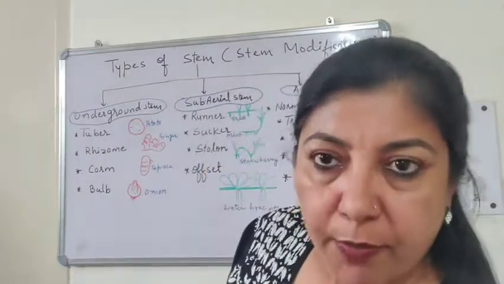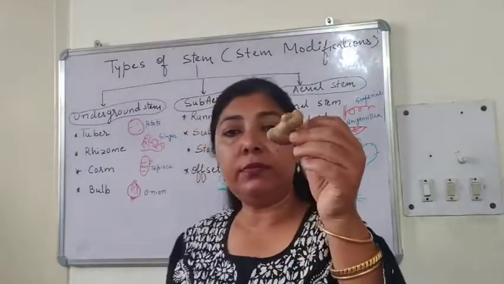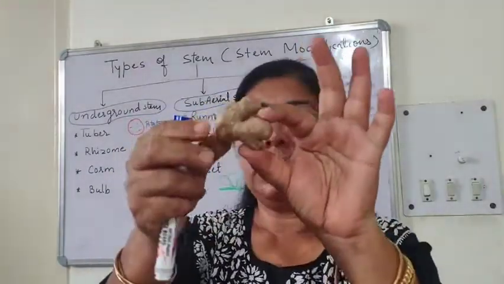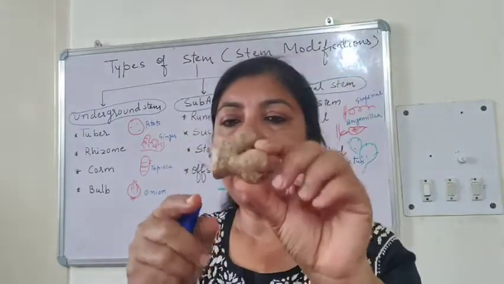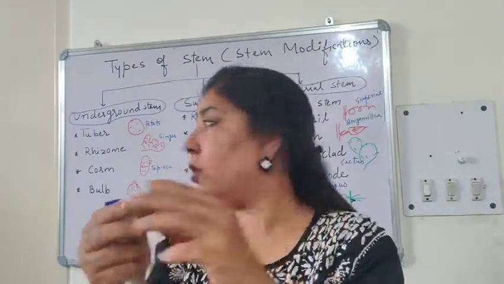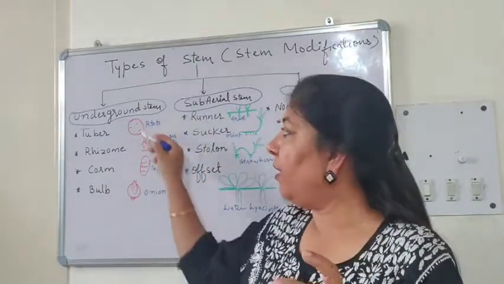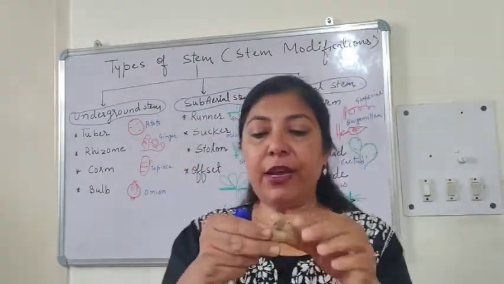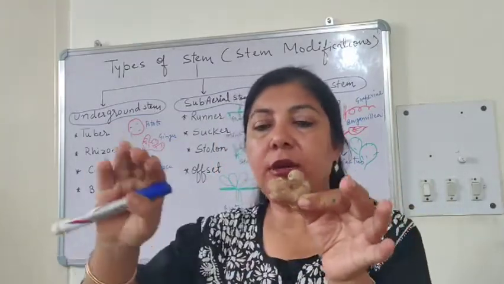Then the second type of underground stem is rhizome. This is ginger. Ginger is again a stem because it also has got nodes and internodes. But how is it different? It is different because it shows branching and it grows horizontally.